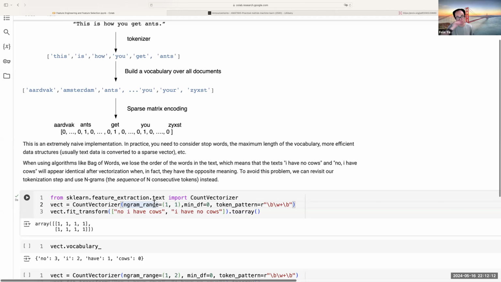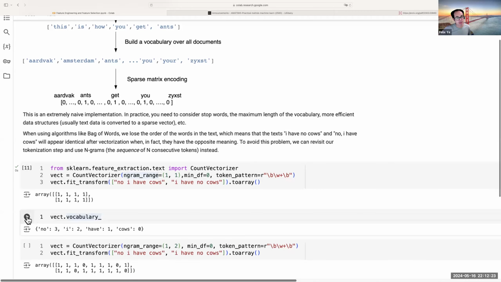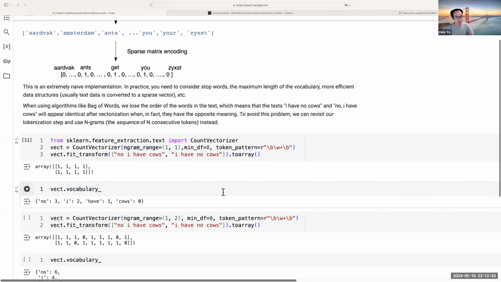Now you can see "no, I have cows" and "I have no cows" have exactly the same vector representations, but of course they have different and opposite meanings. And looking at the vocabulary, we only have 4 tokens: no, I, have, and cows. These 2 sentences are just a reshuffle of these.